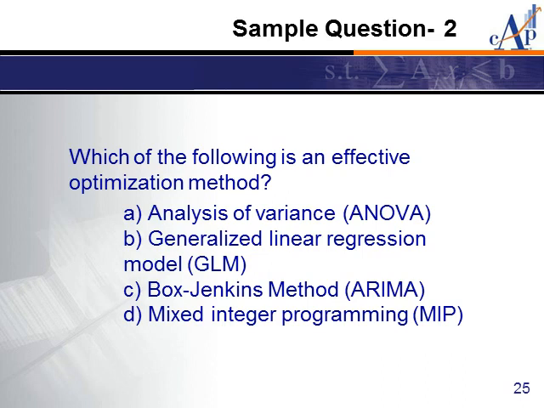Sample question number 2: which of the following is an effective optimization method? Analysis of variance, generalized linear regression, Box-Jenkins method, mixed integer programming. Take 2 or 3 seconds to take a look, and I'll pause for 3-4 seconds. Then we'll discuss the answer.